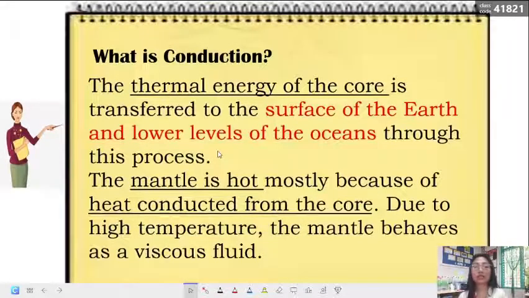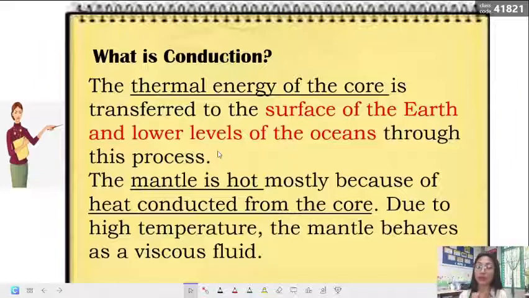So in addition, the thermal energy of the core of the earth is transferred to the surface of the earth and lower levels of the oceans through this process. So it's the same thing with our earth's internal heat. Okay, the mantle is hot mostly because of heat conducted from the core. If you could still remember from your activity, the core is the innermost part of the earth, followed by the mantle.